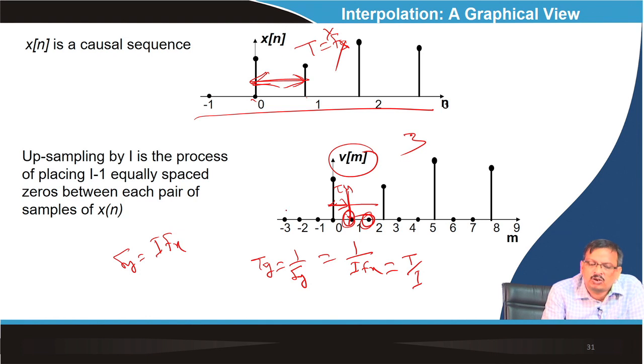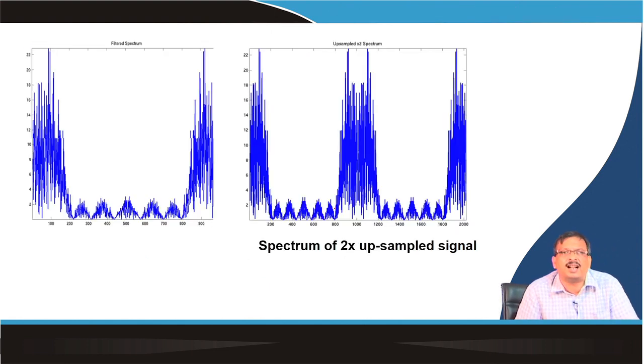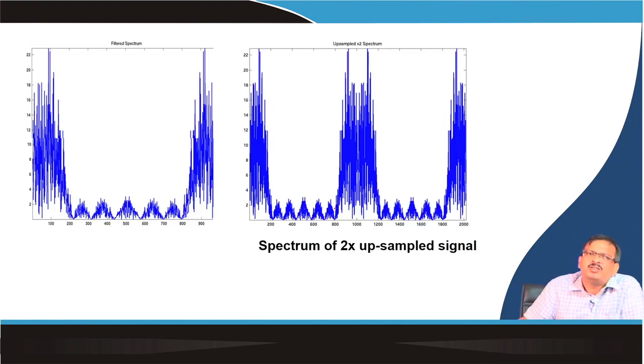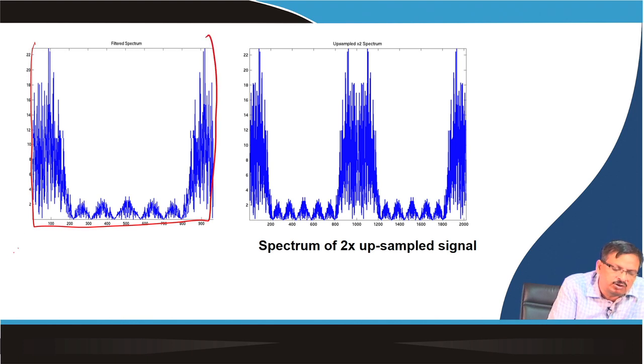So you know that if the sampling frequency increases, then the distance between the two samples decreases. That is why it decreases by I, and that is why I get more samples. Now what will happen in the frequency domain? Let us say this is the spectrum of a signal, from 0 to 2 pi.